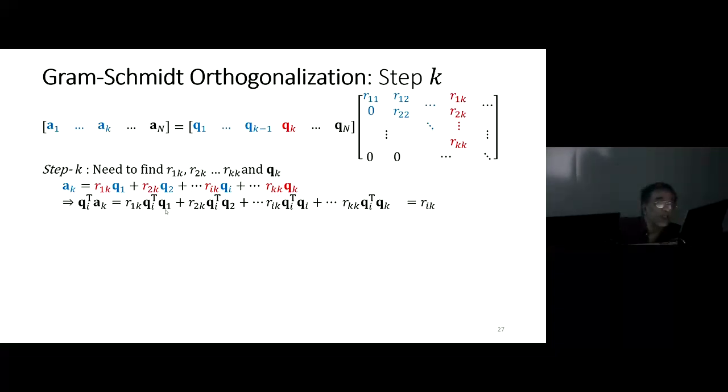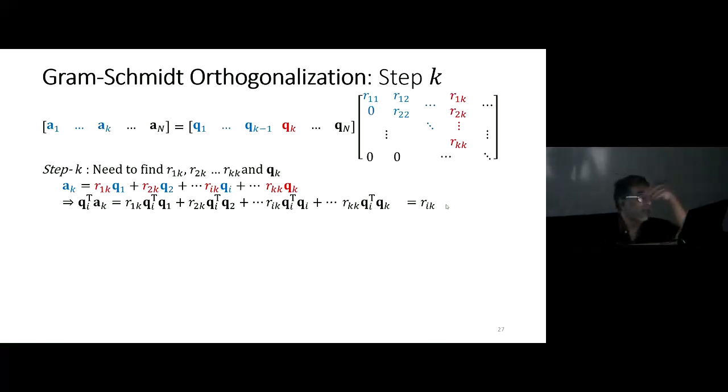So this term vanishes, it becomes 0. In fact, all the terms vanish because the Q's are orthogonal, except this one, which is equal to Rik because Qi transpose Qi is 1. So I get Rik. Okay, so i could be any of these. I multiply Qi transpose with Ak, and I get each of my Riks.